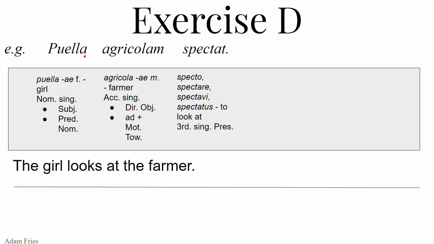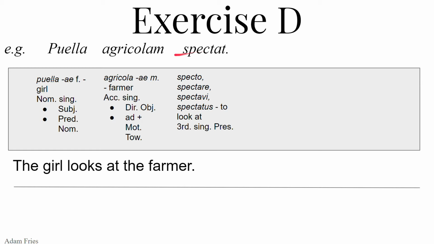As long as we don't change the endings, we don't change the meaning, the girl looks at the farmer. All we would change is the emphasis. So in this sentence, puellae agricolam spectat, it's pretty standard word order. We have the nominative subject, then the direct object, and then the verb at the end acting like a period, closing out the thought of the sentence.